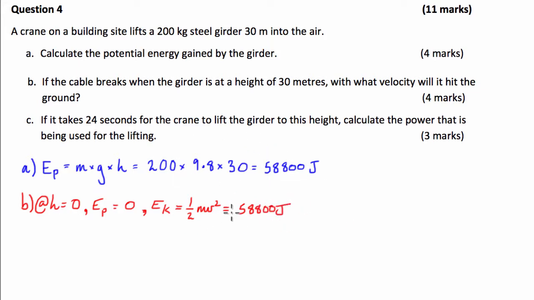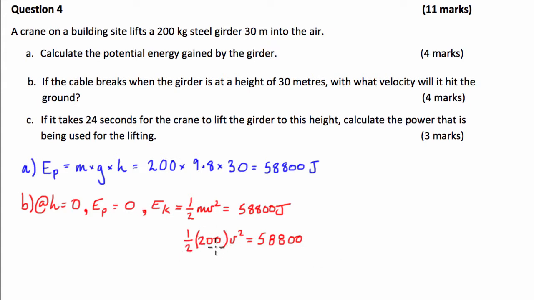So we can use this part of the formula to plug in what we know. This is equal to half times the mass, which is 200, times the velocity squared, which is equal to 58,800.